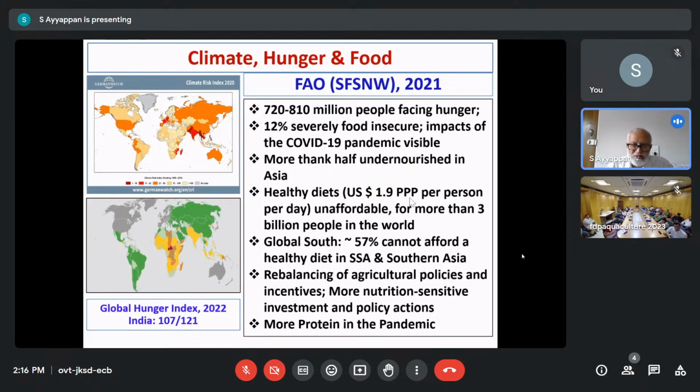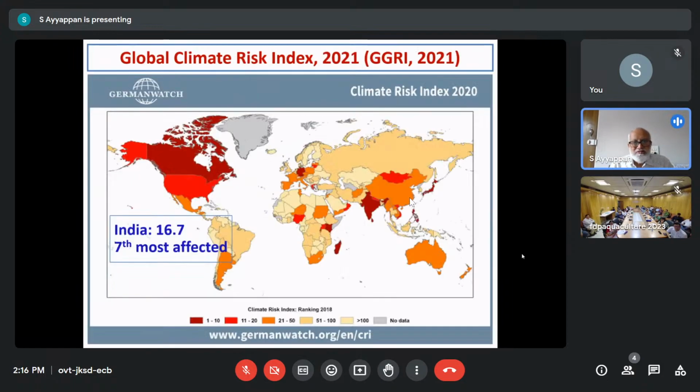And in the global south, that is mainly South Asia, the Indian subcontinent, nearly 60% cannot afford a proper diet, in sub-Saharan Africa and Southern Asia. These are all the concerns. And in the pandemic, the demand was for more protein. At the same time, there is the climate imbalance.